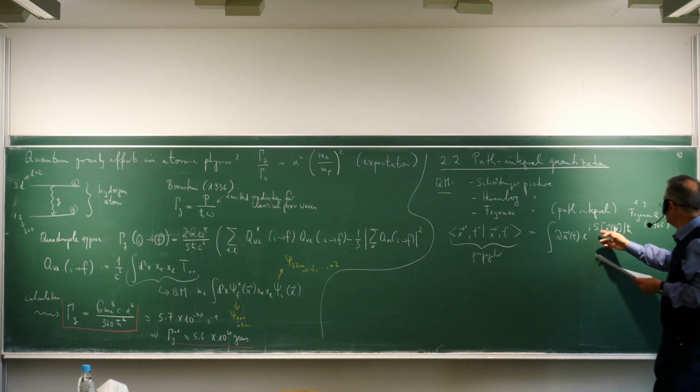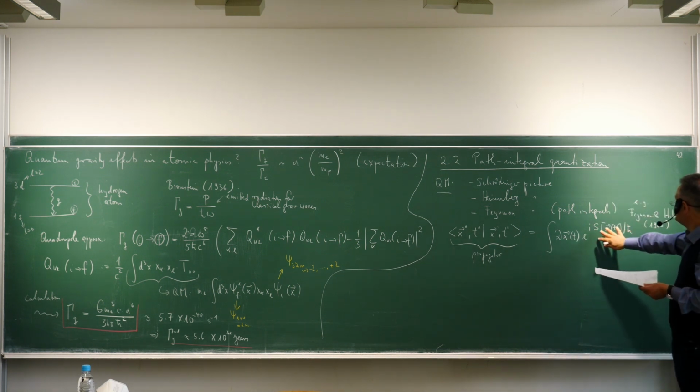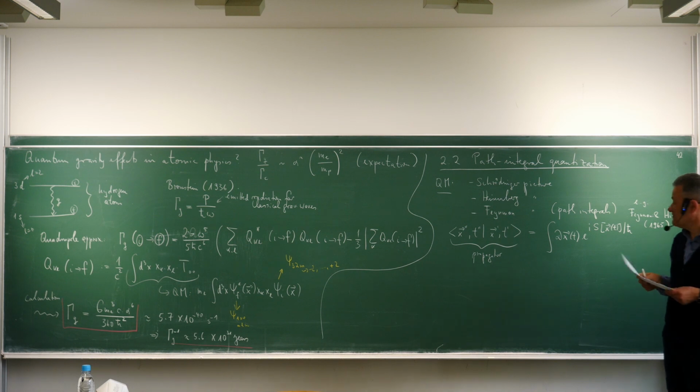So you see the h bar is very relevant because you measure the classical action, which has the dimension of an action, by the quantum of action, which is the smallest action that you have. And so this is very natural.